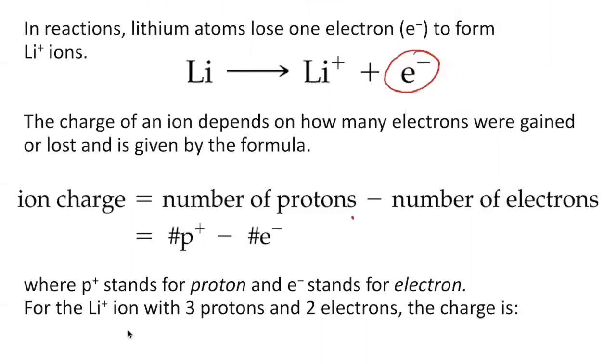For example, lithium has an atomic number of 3, and let's say lithium loses 2 electrons. So 3 minus 2, lithium is going to carry a charge of +1. Right now, I will tell you how much you're losing or gaining, but later on, you're going to be able to determine this by yourself.